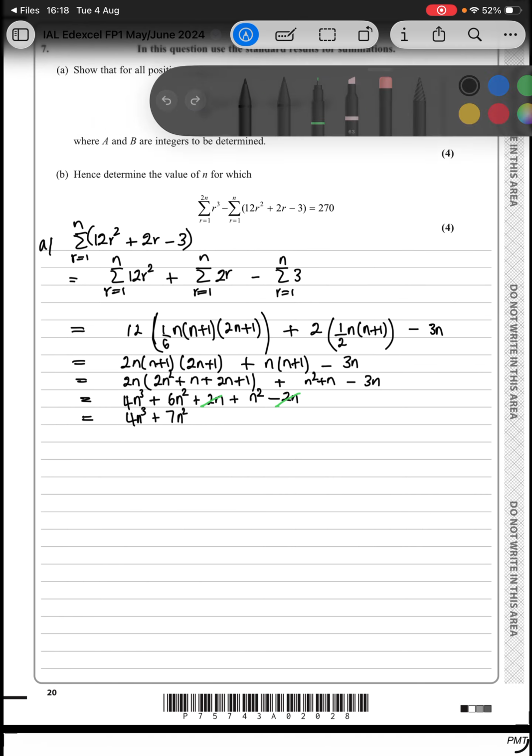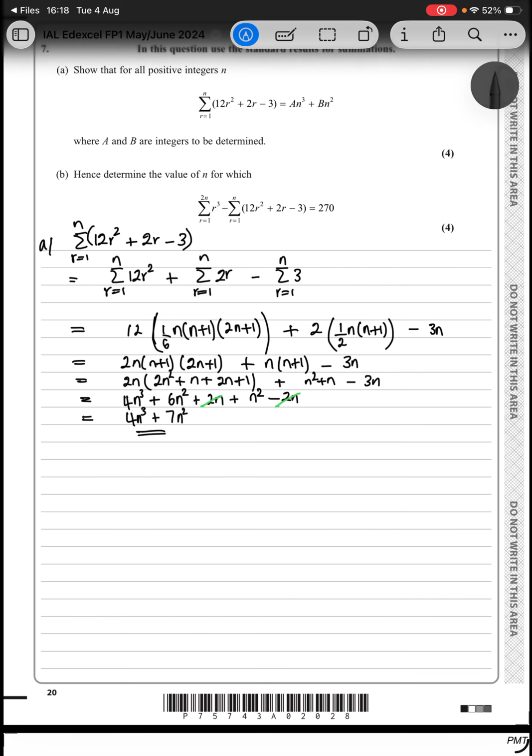So we can say shown. Could also write where a is 4, b is 7. Yes, 4n cubed plus 7n squared.